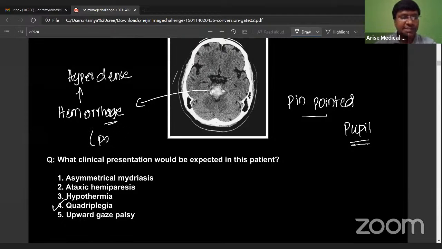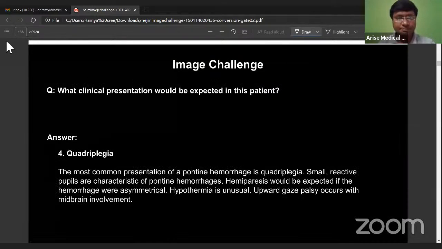That is your pontine hemorrhage, right? Very good, Santosh and Chaitanya. So in case of pontine hemorrhage, you will have the presence of the pinpointed pupil, and they will also have quadriplegia.